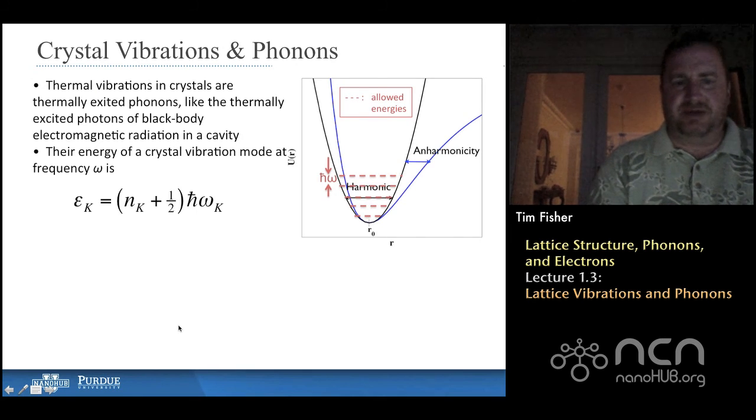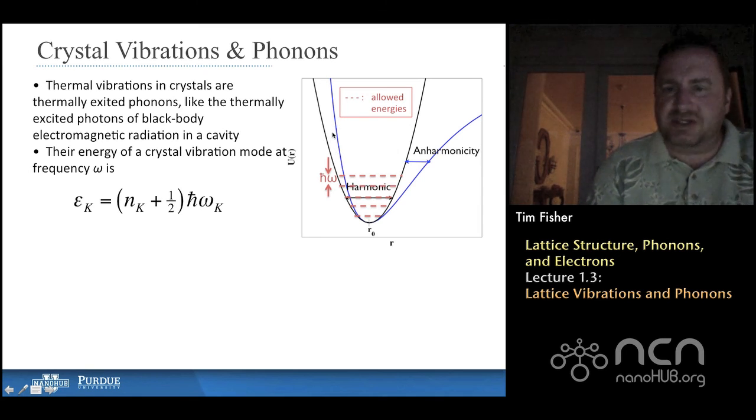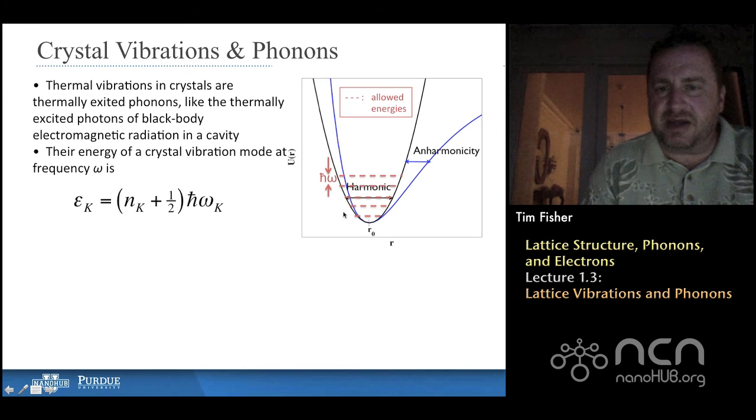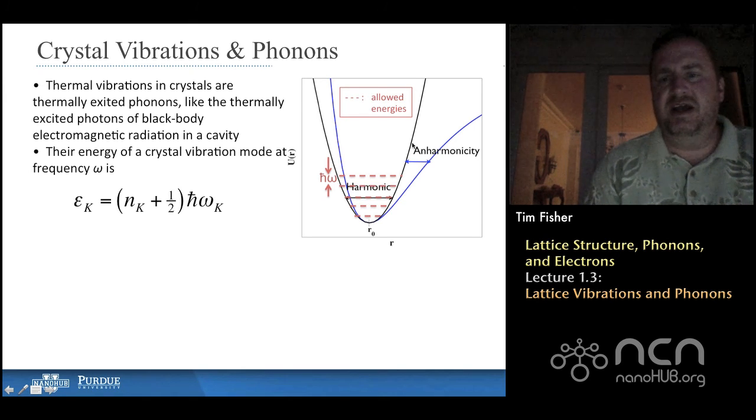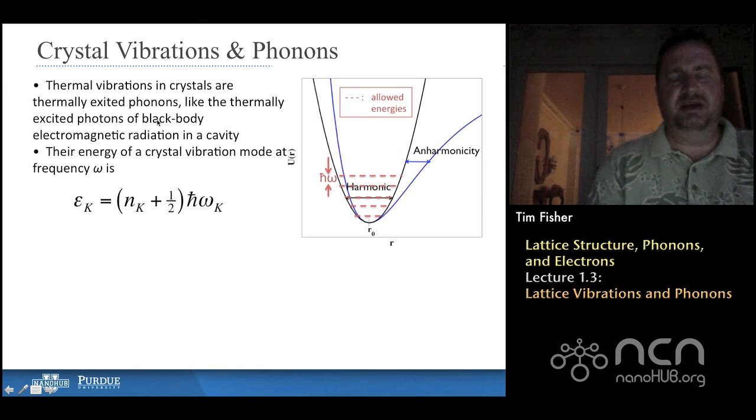So if we look at this a bit more, what we find is that the classical harmonic system would allow us to sit anywhere on that harmonic curve, the black one that we had before. But because we have quantum mechanical particles, these phonons, they can only take discrete values.